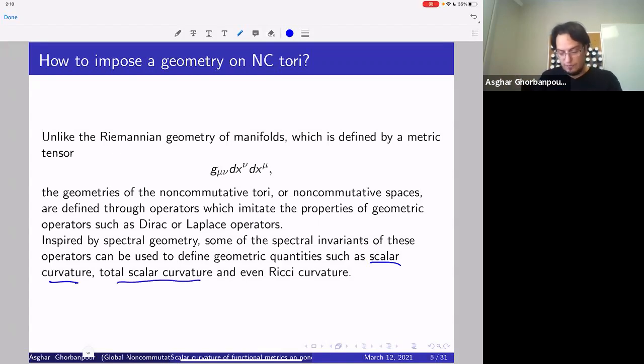Total curvature is also there, and there is a way to generate Ricci curvature, but that is another work that needs another talk. So we throw out the metric tensor, and we start working with geometric differential operators, trying to get information from their spectrum.